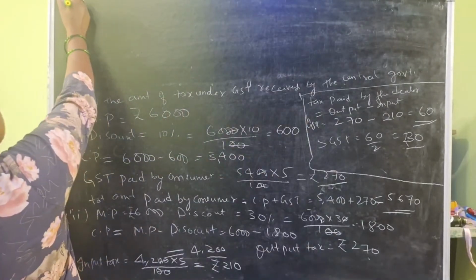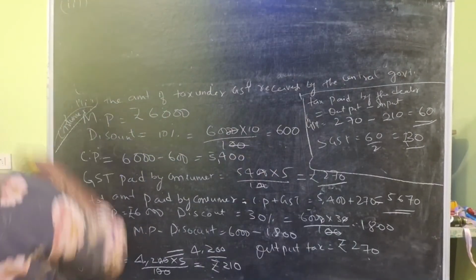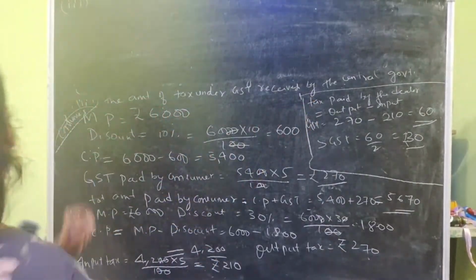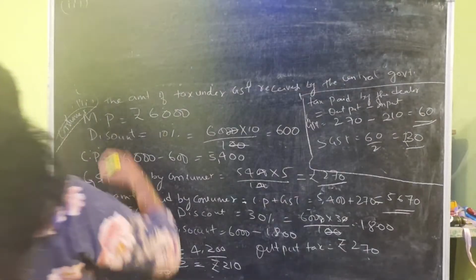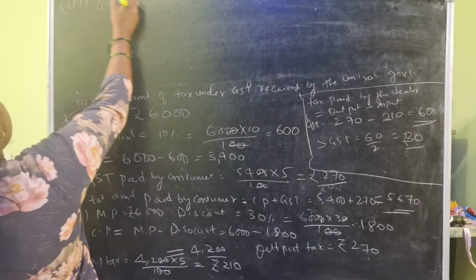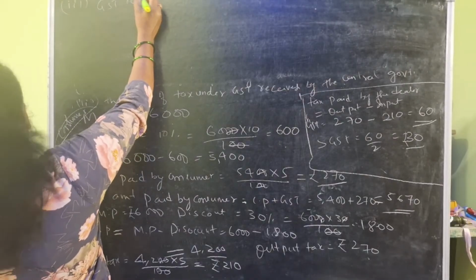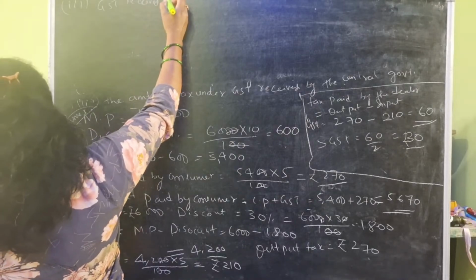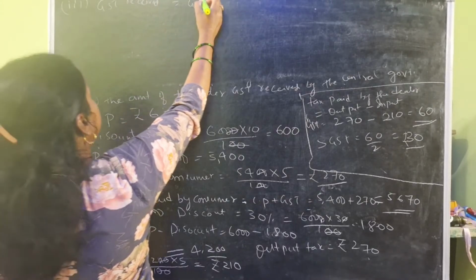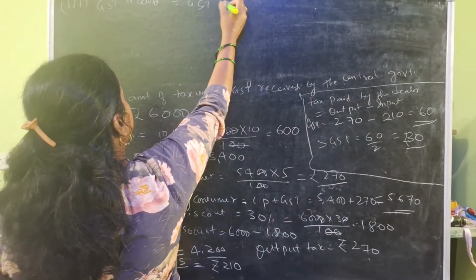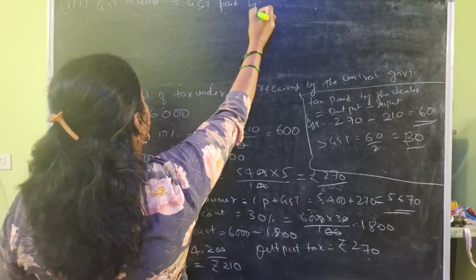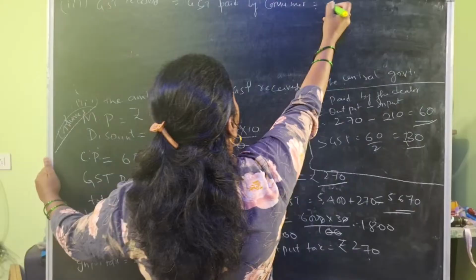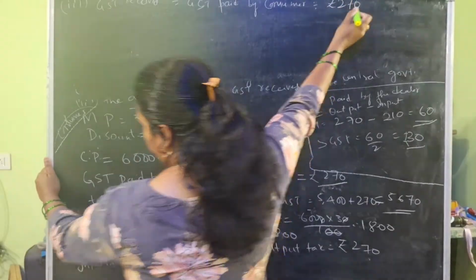And the last part is the amount of tax under GST received by the central government, that is GST received is equal to GST paid by the consumer, which is equal to rupees 270.